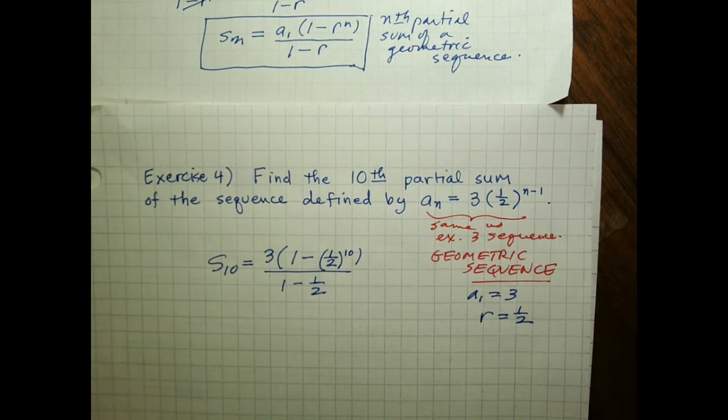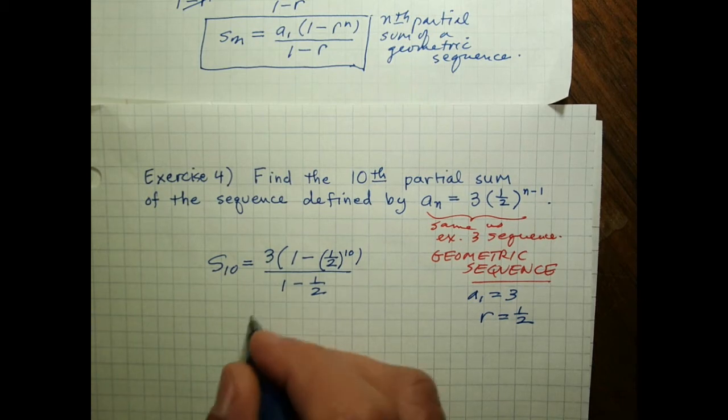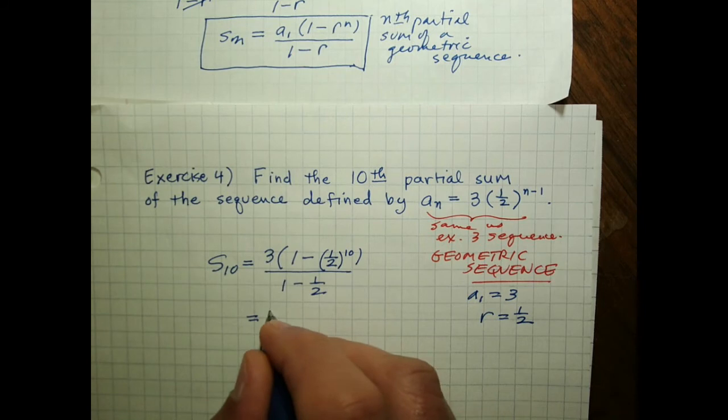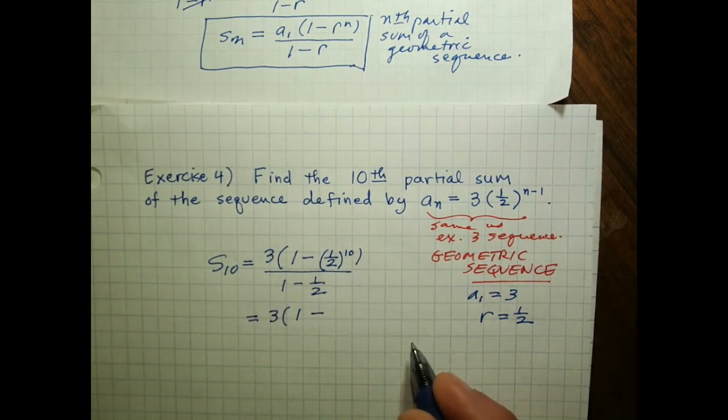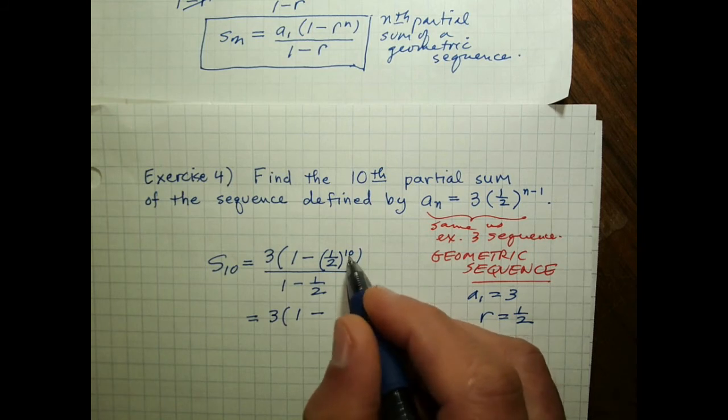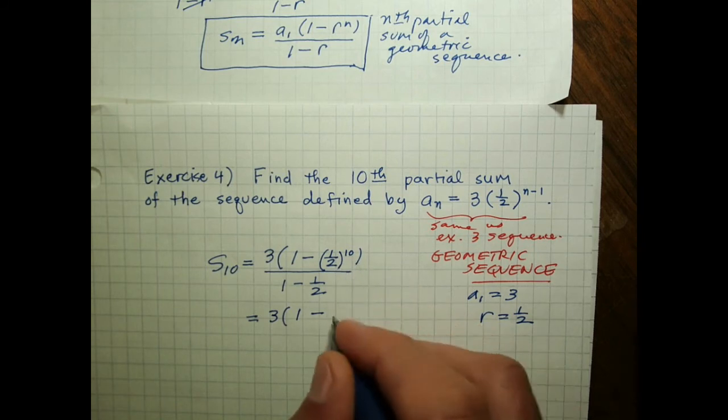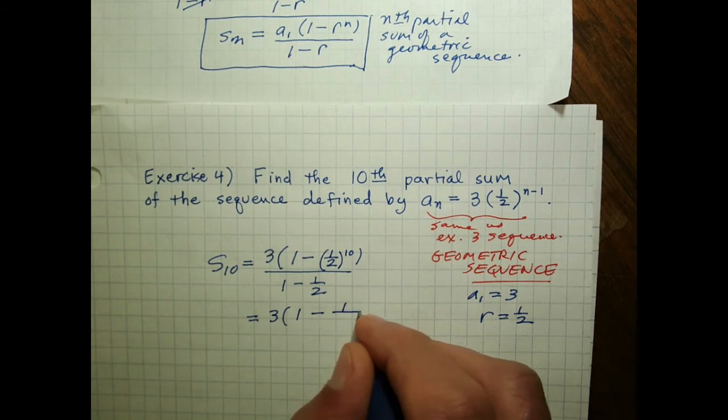And now we have a little bit of work to do to rewrite this and clean it up. So we have 3 times 1 minus, now 1/2 to the 10th power involves 2 to the 10th power. That's going to be 1 over 2 to the 10th power.